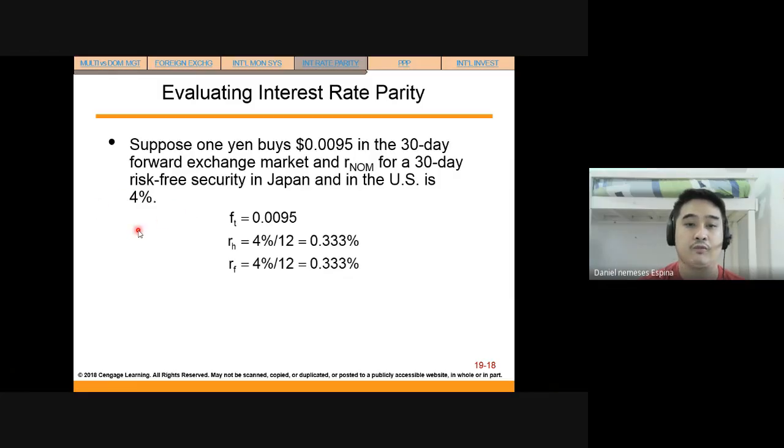So we have to convert this first. Since this is 30 days, it is monthly. We have to get first the monthly periodic rate. So 4% divided by 12, you have 0.333, and the forward rate is 0.0095.